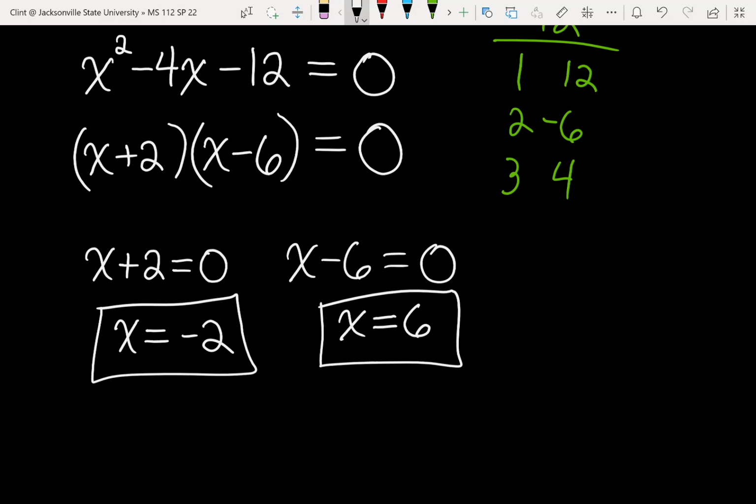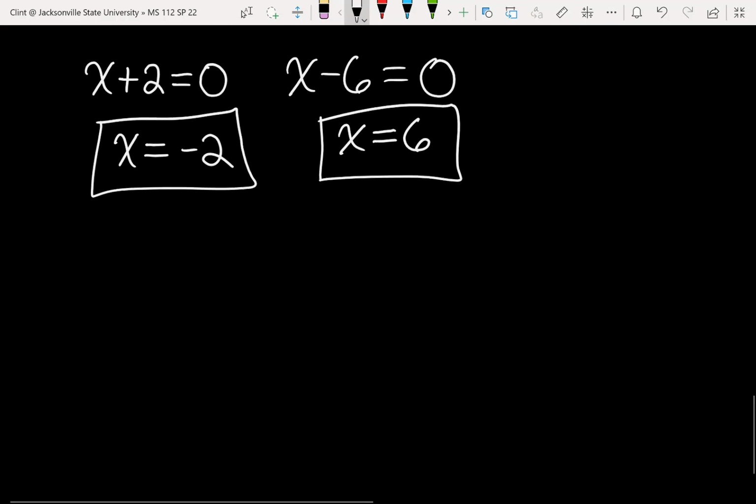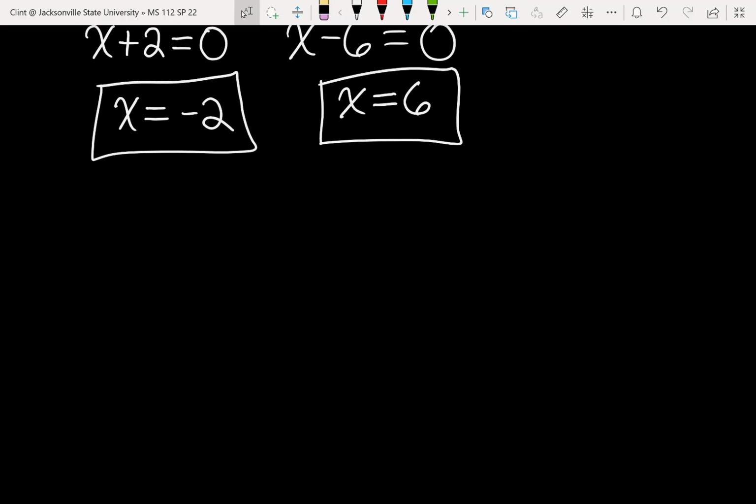And something we don't do enough, we can check these. We can know if they're right or wrong if we've made a mistake somewhere. How do we check them? Plug it back in. So if I've got 6, we'll do the one with the bigger numbers here. You could go all the way back to the original. I'm going to go to where we had it solved for 0. And so what do we end up with? x squared minus 4x minus 12.